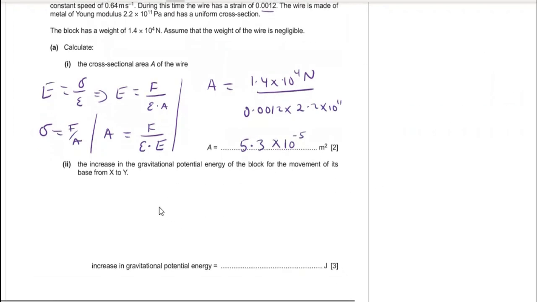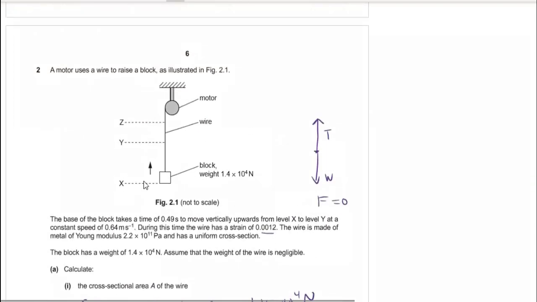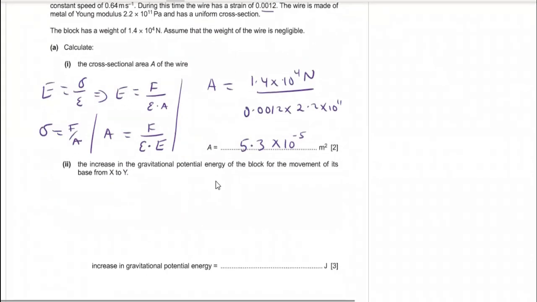Roman 2, the increase in the gravitational potential energy of the block for the movement of its base from X to Y. So we need to calculate the increase in gravitational potential energy from X to Y. We know that the change in gravitational potential energy is given by mg times change in h.